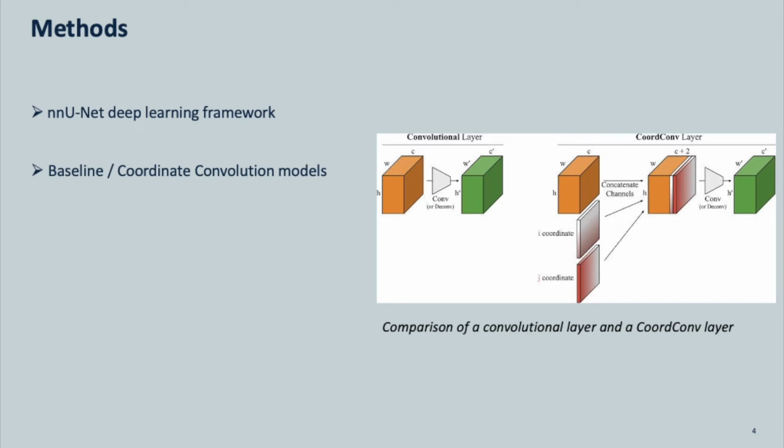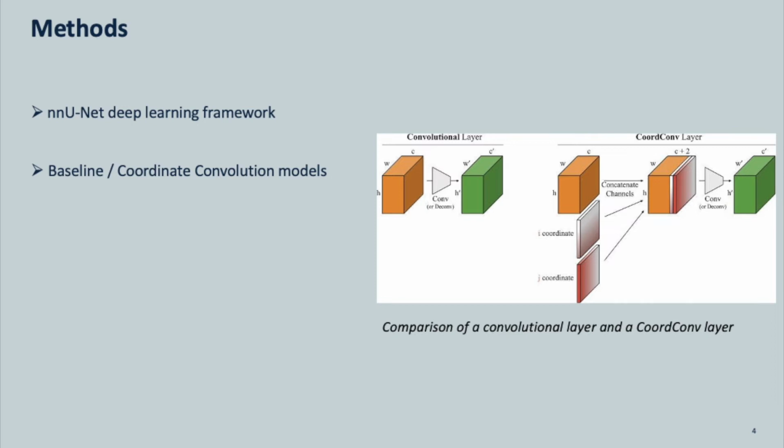Coordinate convolutions work by adding extra channels to the input layer, which contain the coordinates of the pixels. In our case, as we have two-dimensional images, this involved adding two extra channels, one containing the I coordinates and one containing the J coordinates, with the coordinates being specified in pixels and the origin being at the top left of our images.